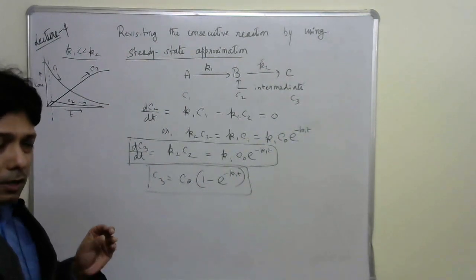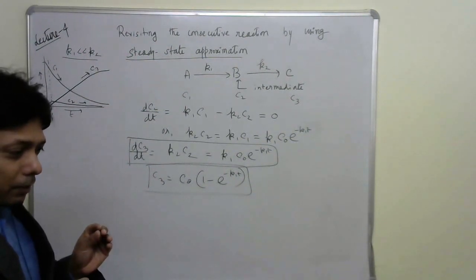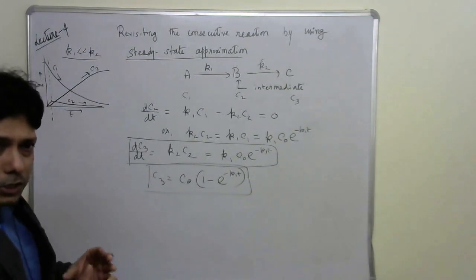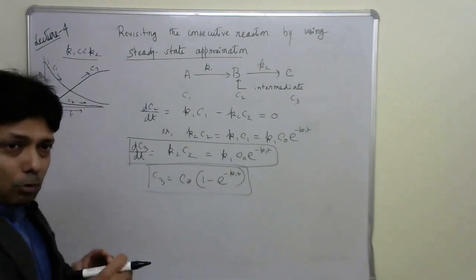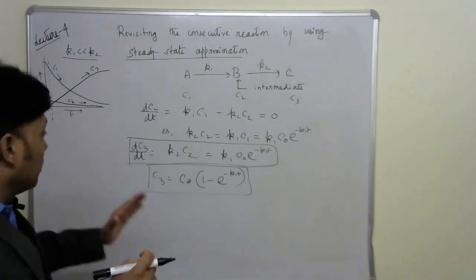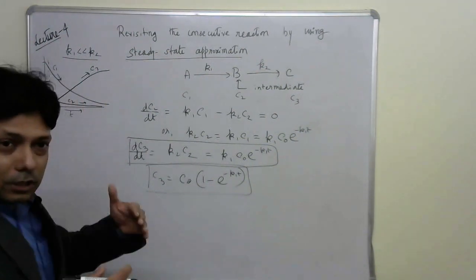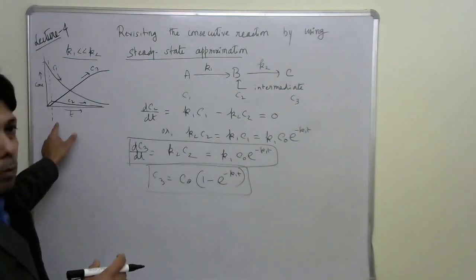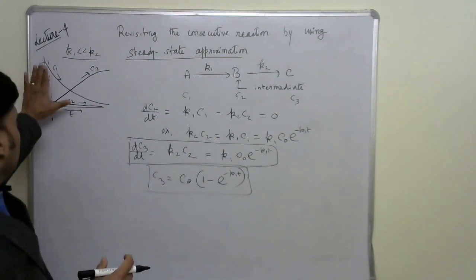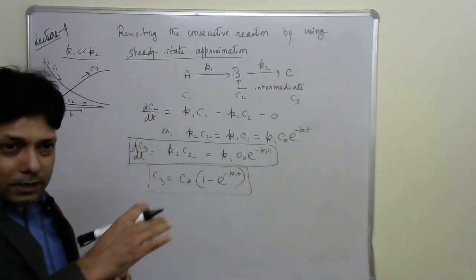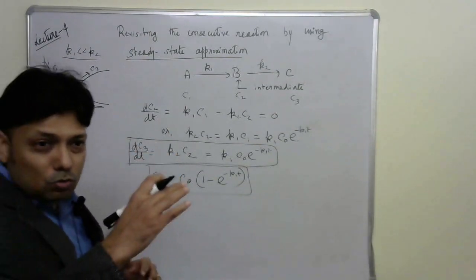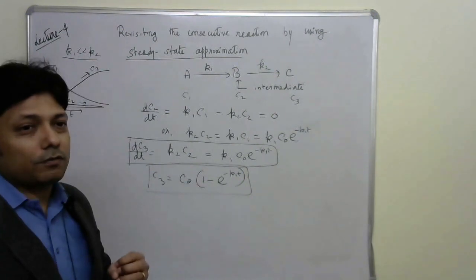So that means within a very small percentage progression of the reaction it attains steady state. So thereafter, if I go beyond this dotted line, the chemical kinetics will essentially appear as if C1 is decaying. So C1 is decaying means it is essentially the first step.